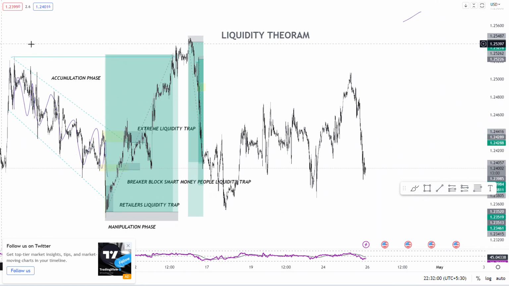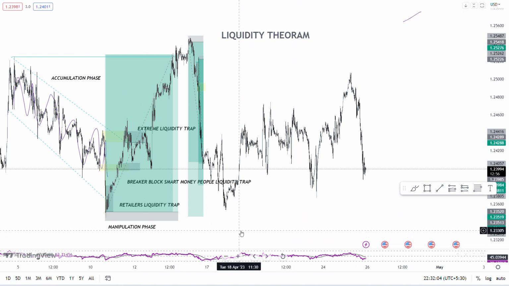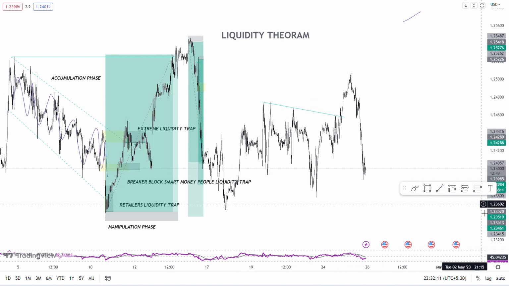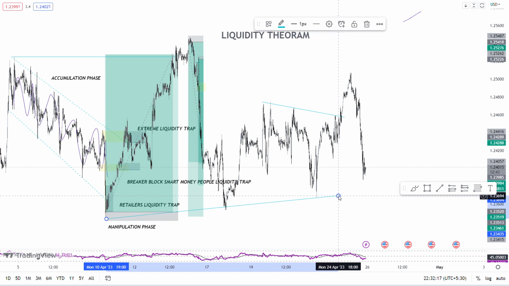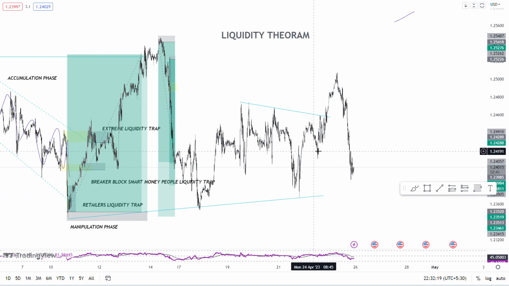See, again the same thing. There is another liquidity pattern here. This is one build up, and this is one build up. See, same thing.